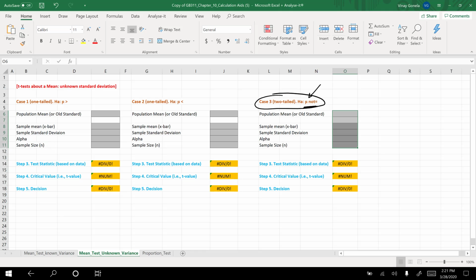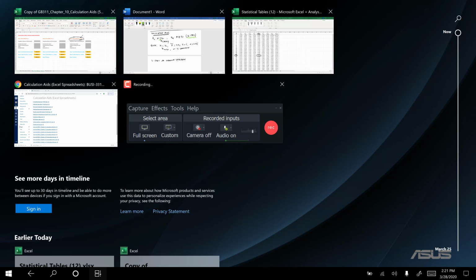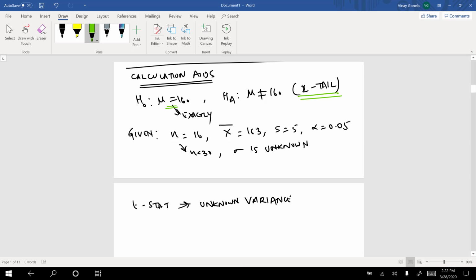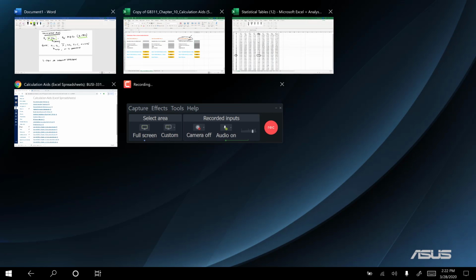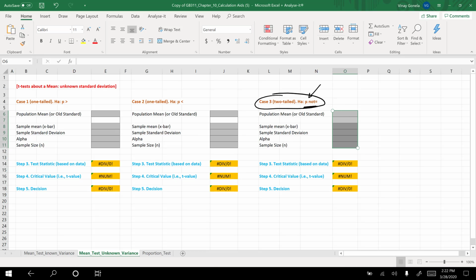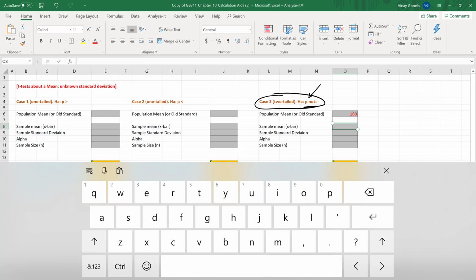So population mean. Let me check what the population mean is. That is given as 160, so I will type in 160 there. Then population mean or sample mean?